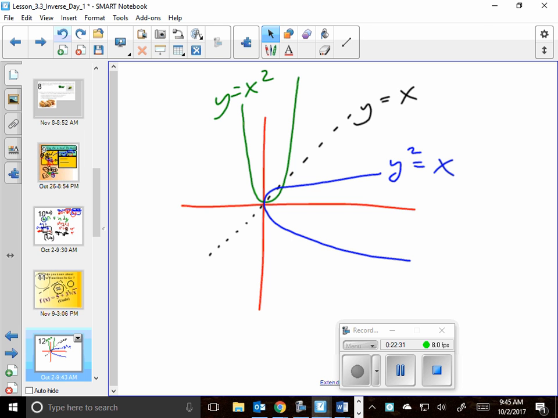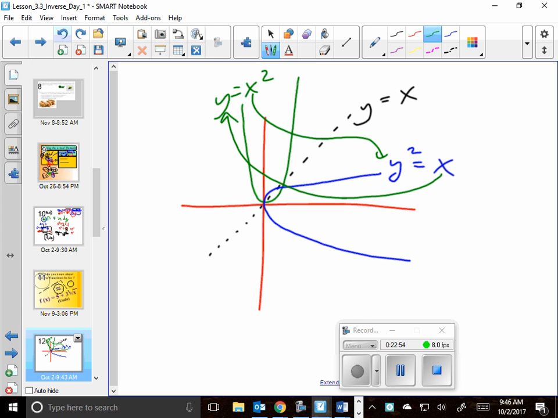Well, inverses are really, really simple. Can you see what happened between the blue one and the green one? Yes, or another way to think of it is, you flipped the variables. The x became y, and the y became x.